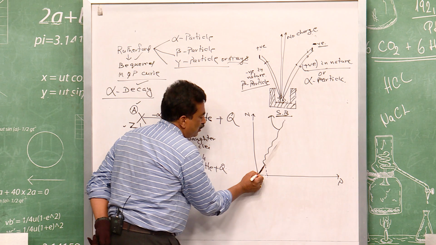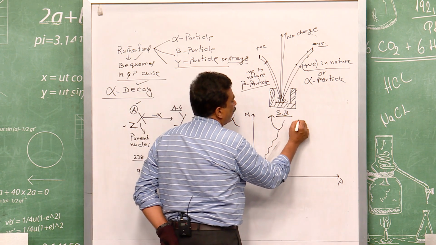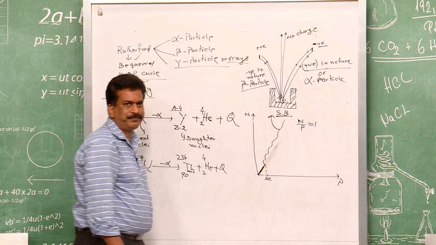So from 0 up to A value of 20, n by p is nearly equal to 1.